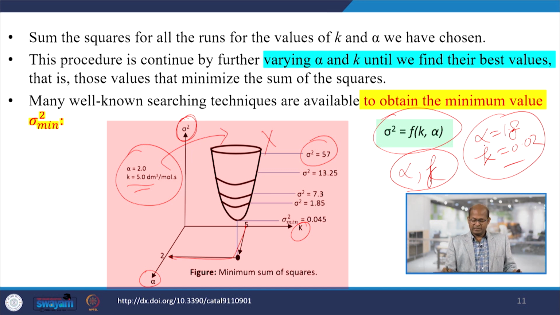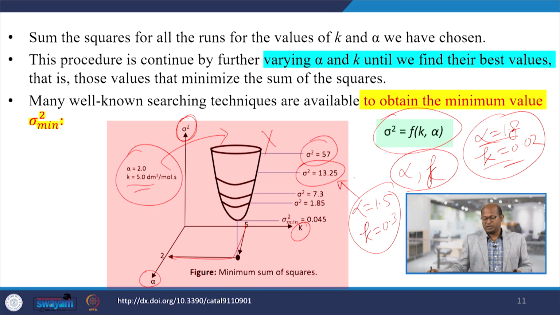As against that, take another guess, another data point, alpha equals let us say 1.5 and k let us say 0.3. Based on that we again find the sigma square value. There also it is coming out a very large value, so this guess is also not acceptable. Like that, another guess also we have to consider.